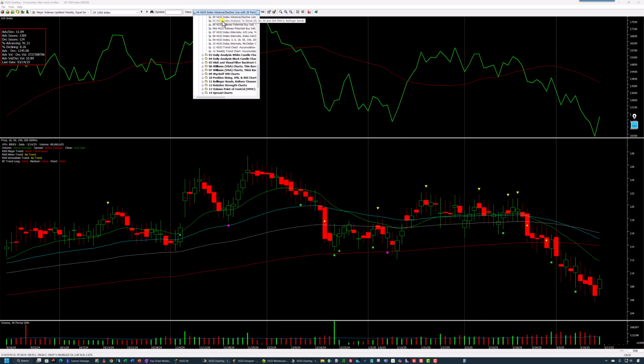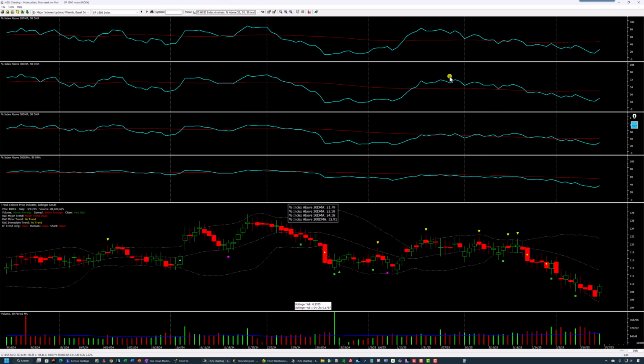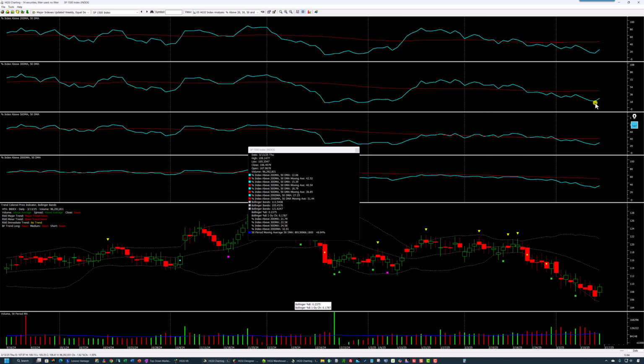Okay, moving on down. This is a percent above the 20, 30, 50, and 200, and you can see they all turned up. As of Thursday, this is where they were, and you can see that there is some money flowing in now. These numbers are much higher than yesterday. If I can do this, an alternate I, and click on yesterday.